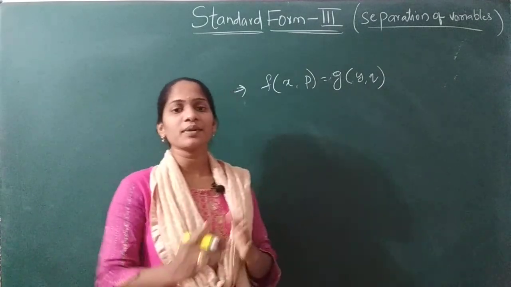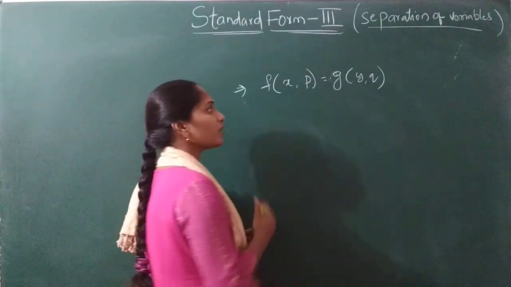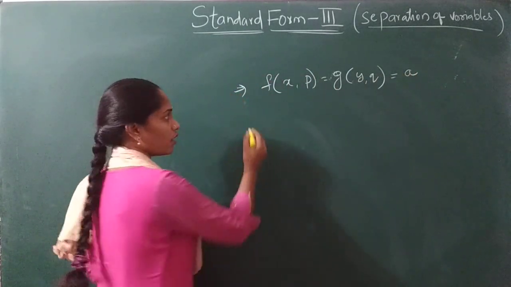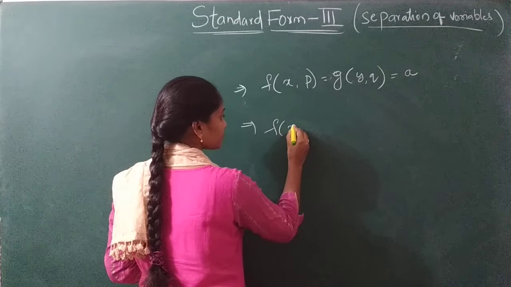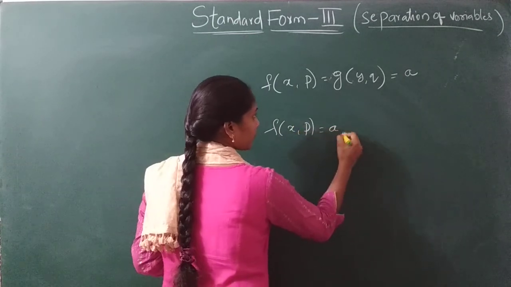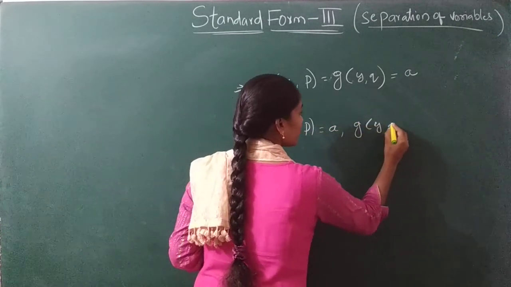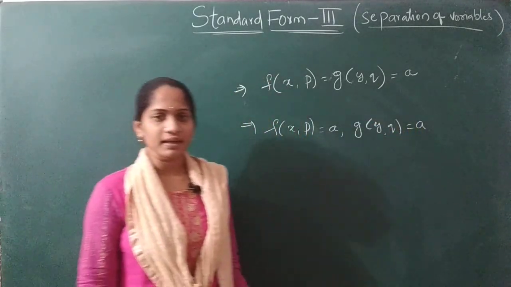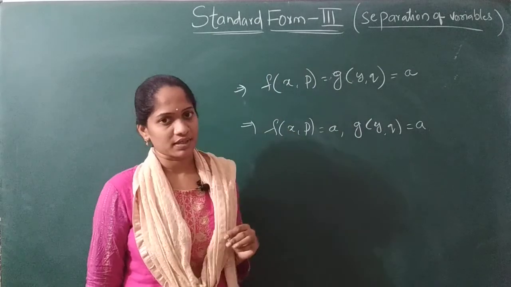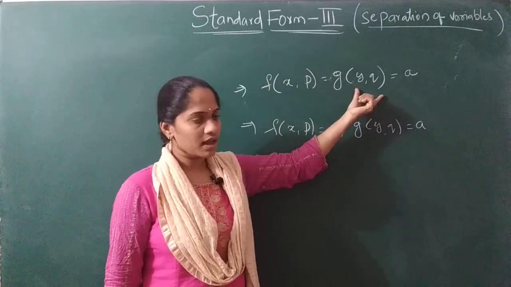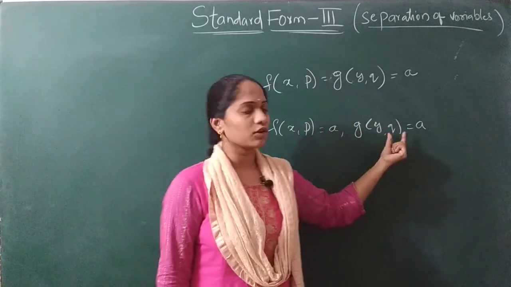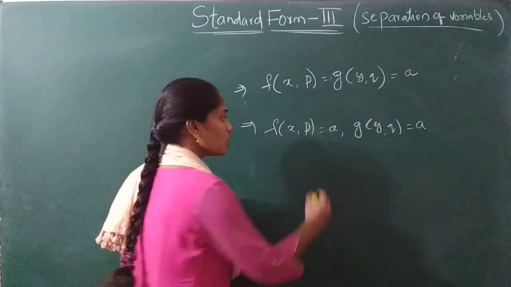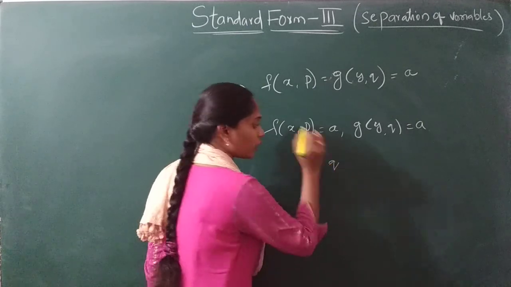After separating in this way, you take this equation to be some constant, that is, f of x comma p equals g of y comma q equals a. So after separating the given PDE using standard form 3, you take it as a constant, and by solving these two equations you find the values of p comma q.